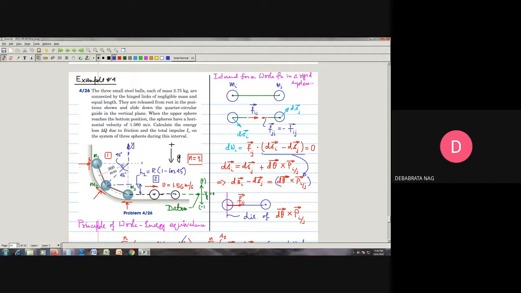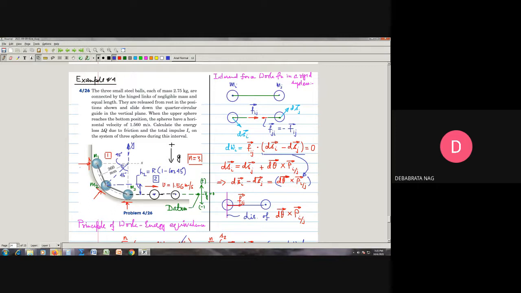Though in our work energy chapter we considered some problems of work energy in a group of particles, here we made our foundation a little stronger by studying this feature, that for such a rigid system, the work done by all the internal forces is going to be 0, and we verified it here.